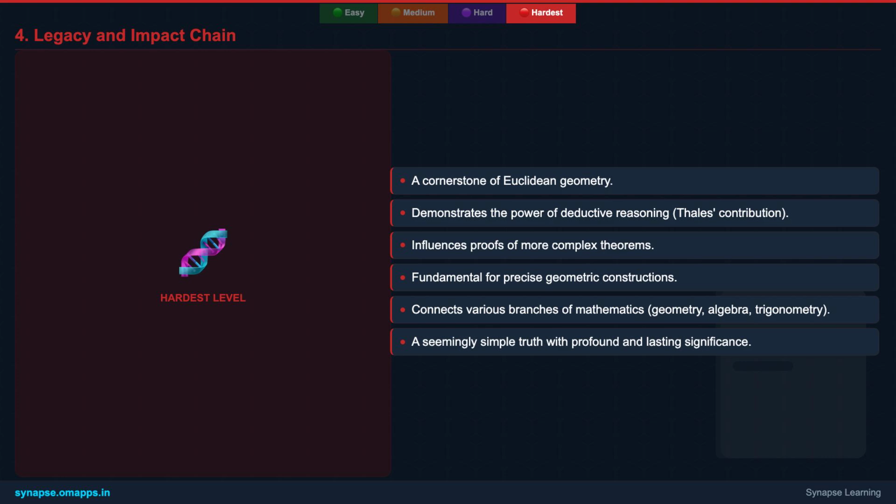From constructing precise right angles in ancient architecture to forming the basis of advanced geometric proofs and competitive problem-solving techniques, this theorem's impact is profound. It's a testament to how a seemingly simple geometric truth can have widespread and lasting significance, shaping our understanding of space and form. Truly, a small theorem with a mighty legacy.